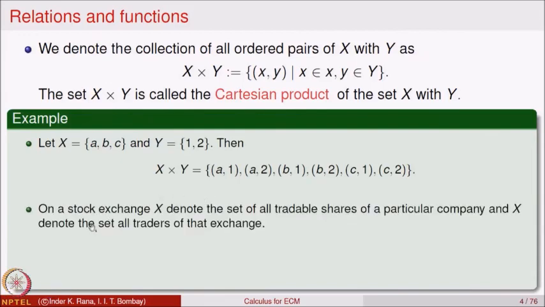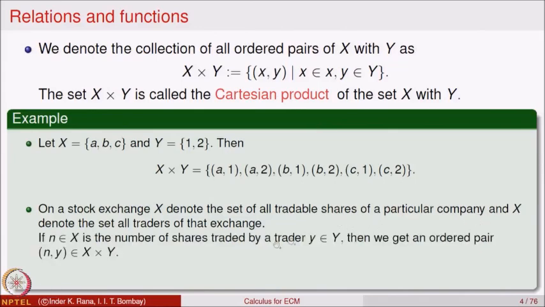For example, in our example of the stock exchange, if X denotes the set of all tradable shares of a particular company, and let us call the other set Y. Let us change this: X denotes the set of all tradable shares of the company, and Y denotes the set of all traders of that exchange.